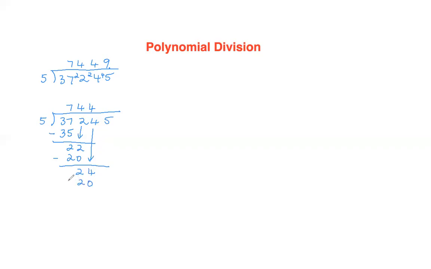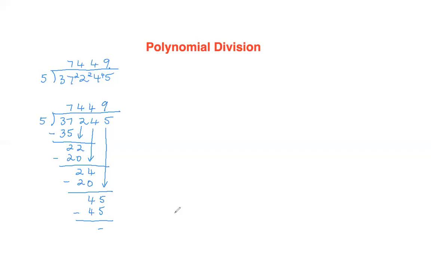So 4 5s are 20. Subtract that off to get the remainder. Bring down the next 5, our last digit, and we have 5 into 45 goes 9. Just to check that we're there, 9 times 5 is 45, and by subtracting that off we can see that we have no remainder, so that it's gone through evenly.